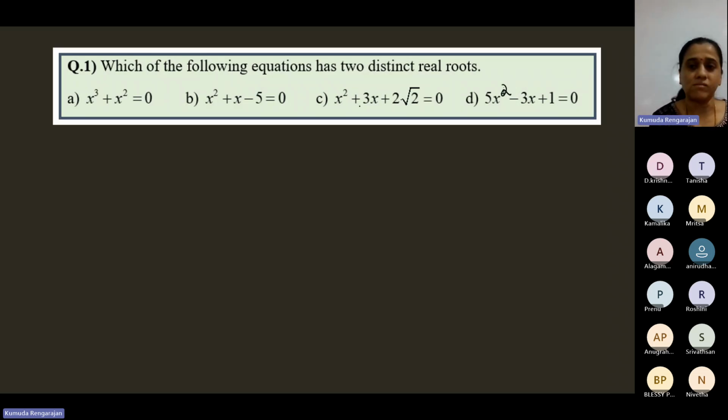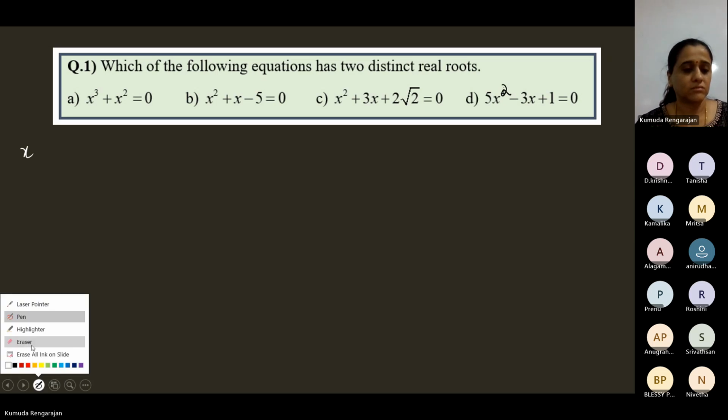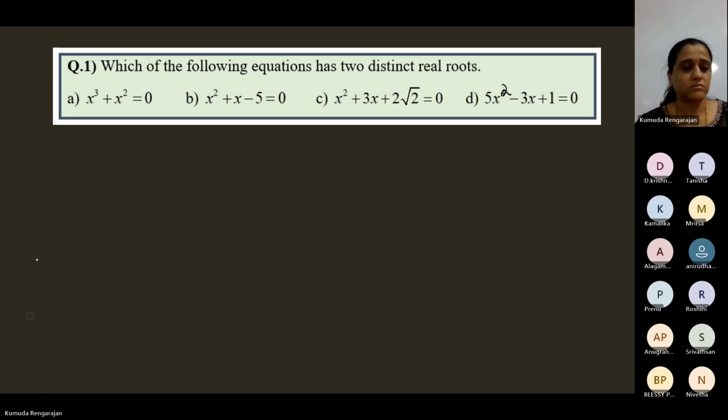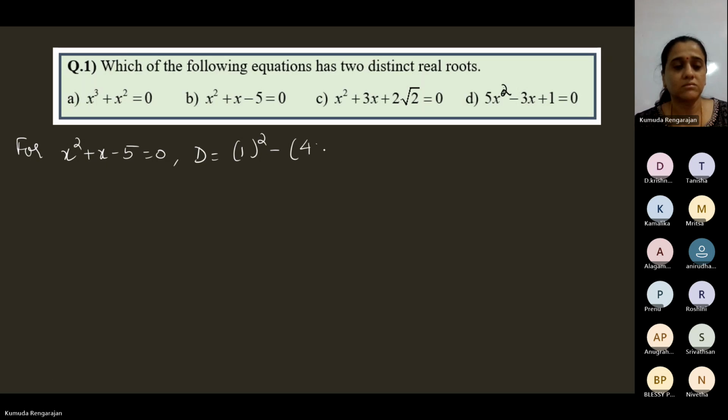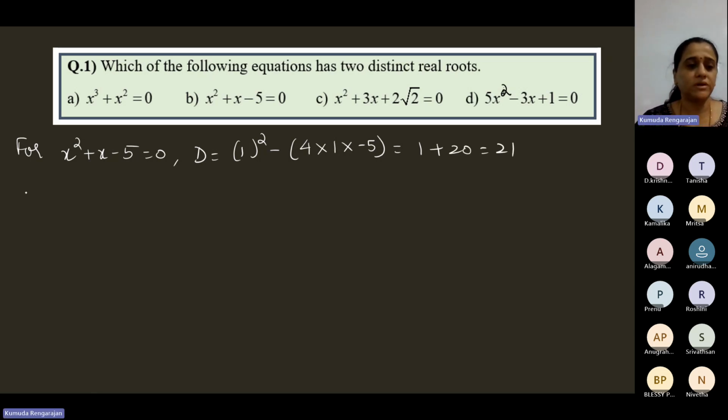Yeah, children, work. Option B, right? Option B, but I'll just work D for everything.